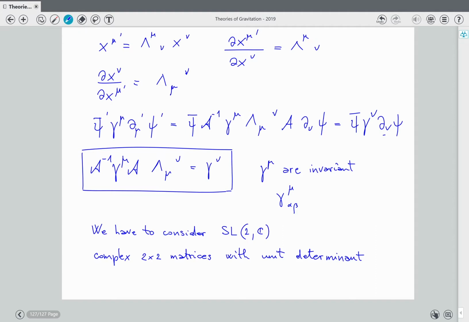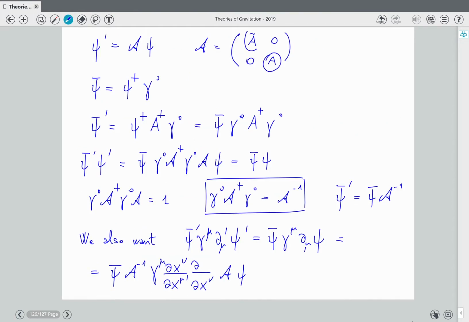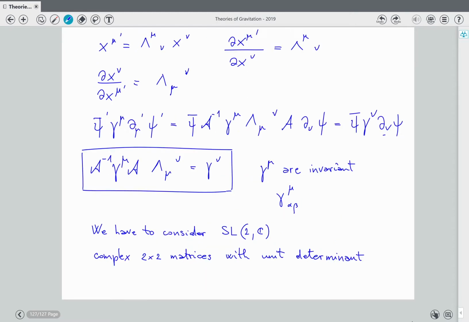Why? This is to build the matrices here, which are 2 times 2. So in total we have 4 by 4 matrix.